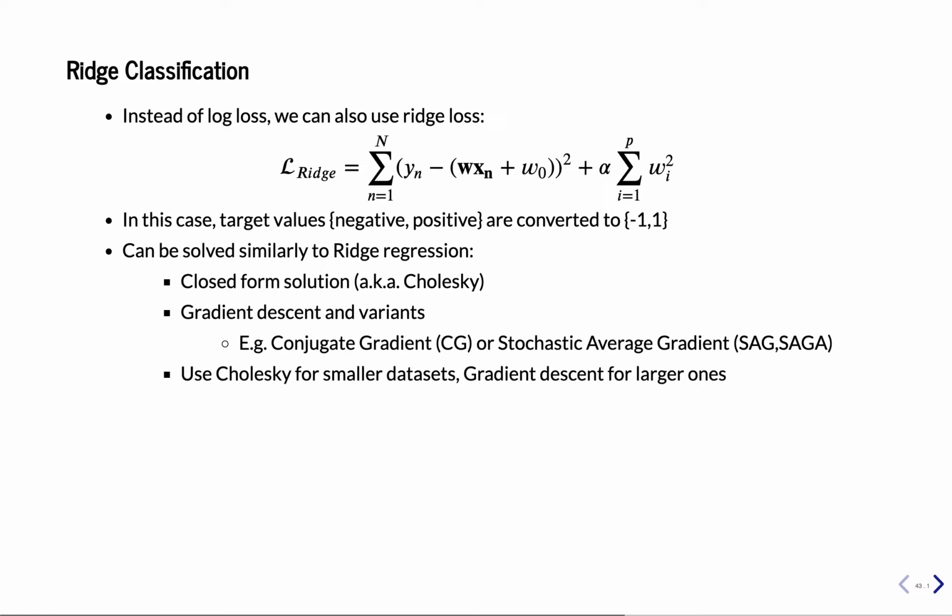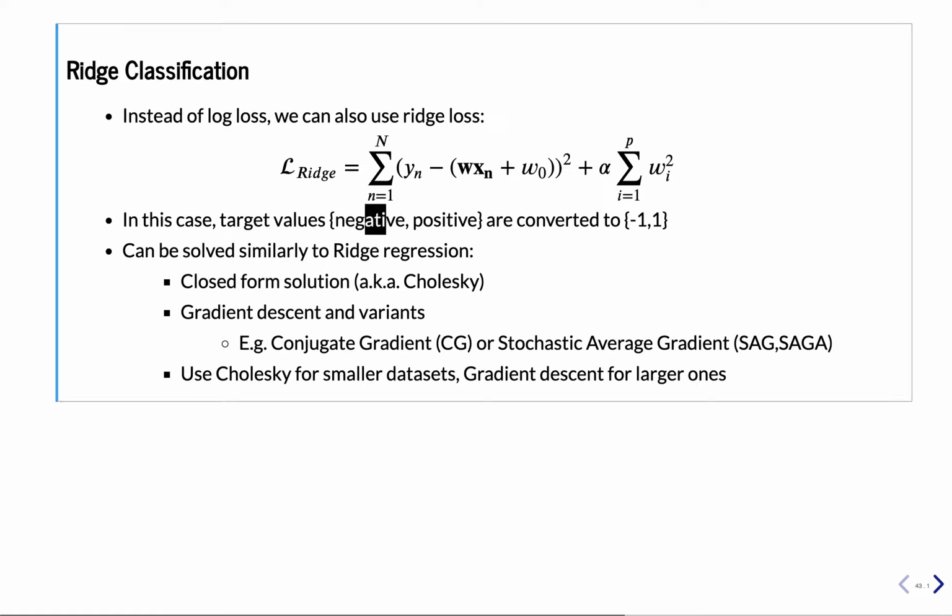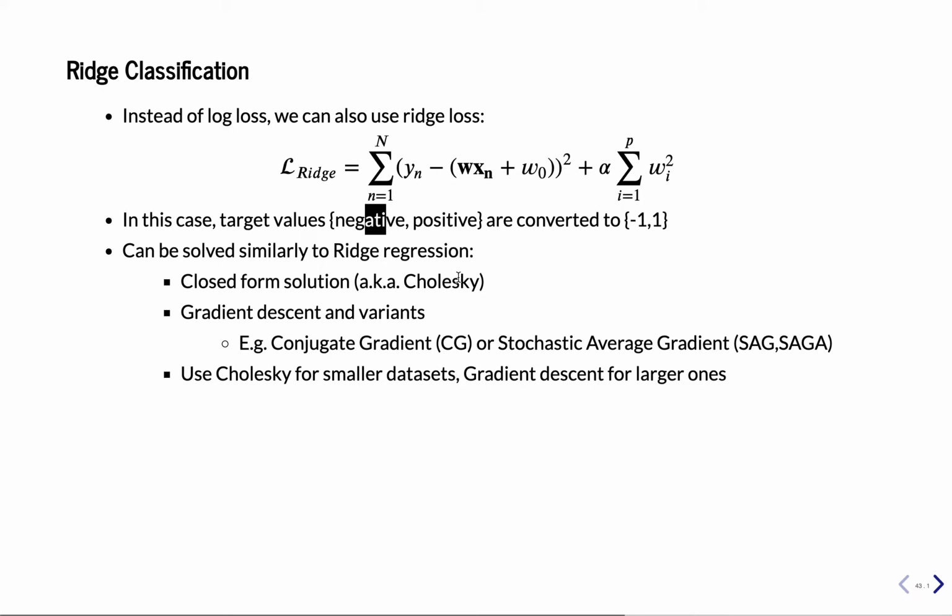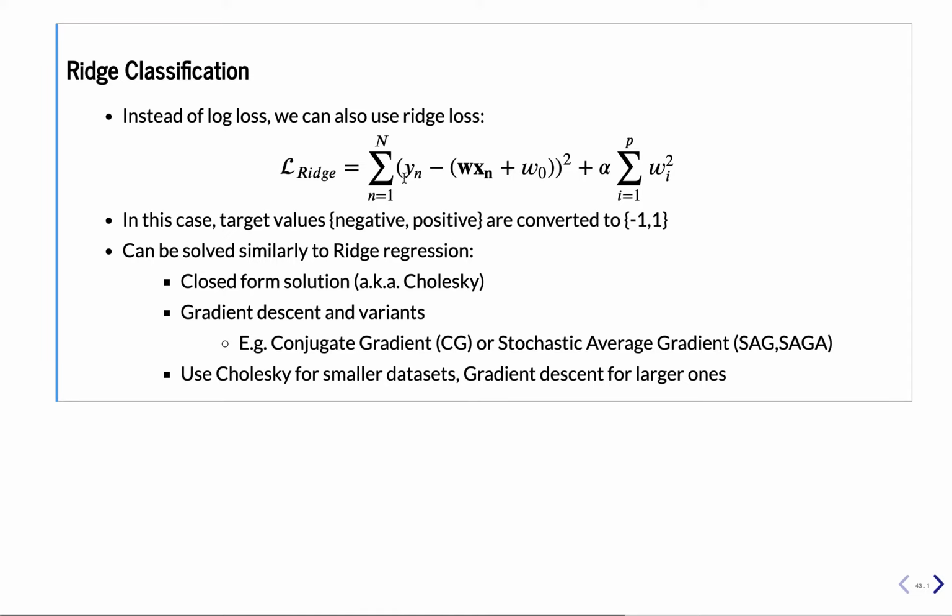So if our negative points are -1 and positive points are +1, then computing this, say that our true outcome is 1. If your model predicts 1, then the error will be 0. If your model predicts -1, then this error will be non-zero, and then you square it, and that contributes to the ridge loss.